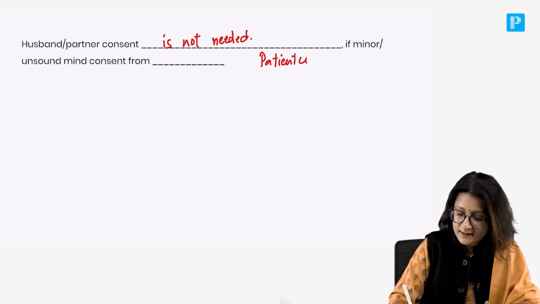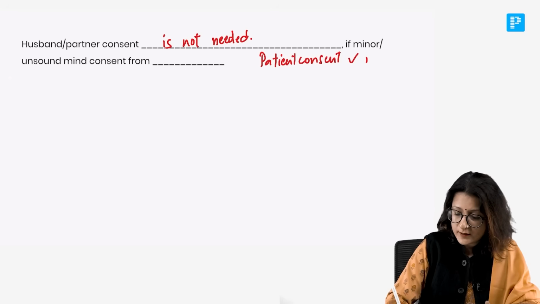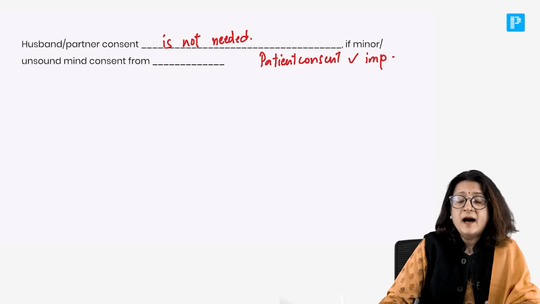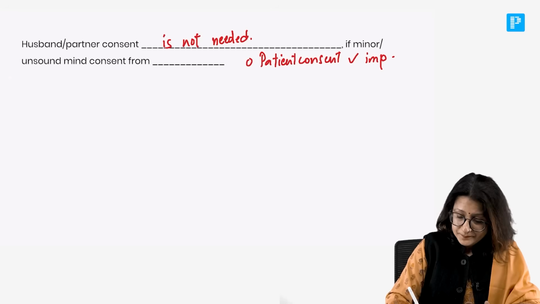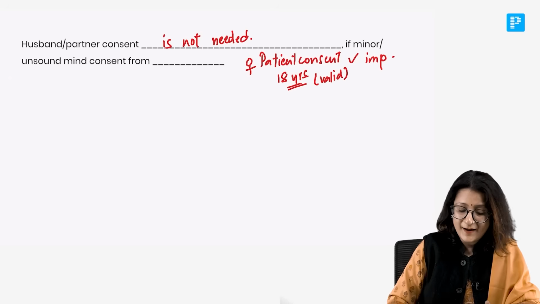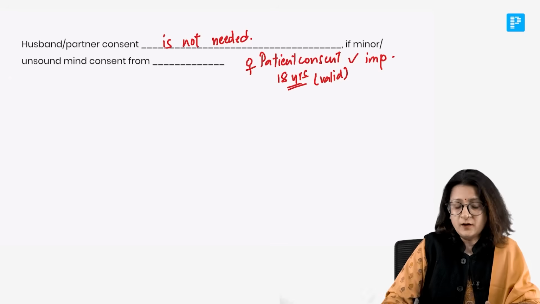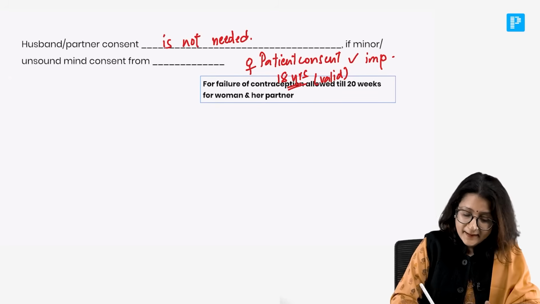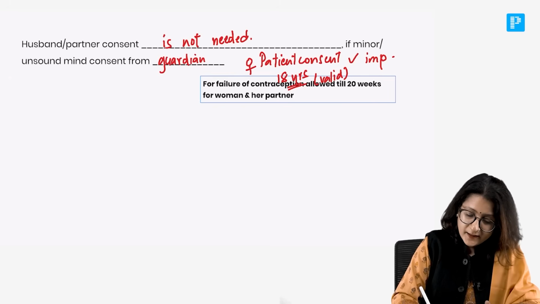Patient's consent, that is most important. Also remember, the woman should be at least 18 years of age, an adult, to give a valid consent. If minor or of unsound mind, then consent is taken from the guardian.